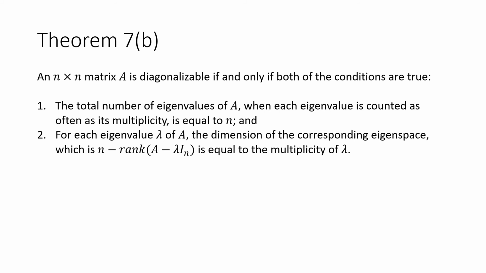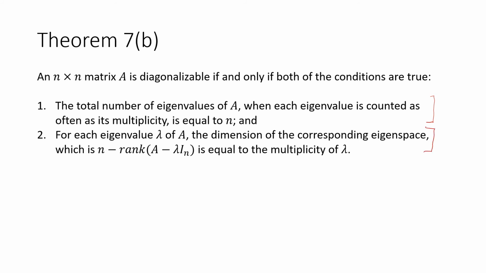The second part of the theorem says that if you have an n by n matrix, it is diagonalizable if and only if both of these conditions hold. That the total number of eigenvalues of A, including multiplicities, so if it has multiplicity 3, you count it 3 times, is equal to n. So adding up all the multiplicities equals the number of columns in your matrix. That's the first condition.